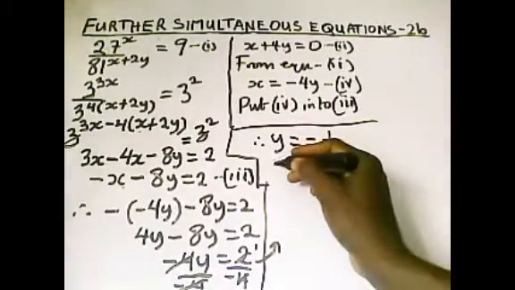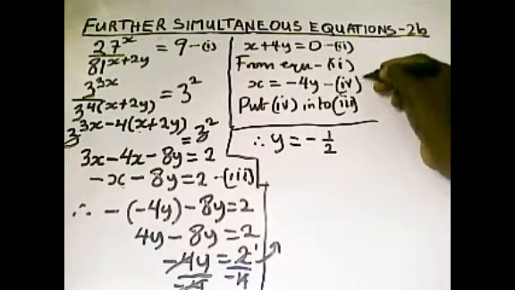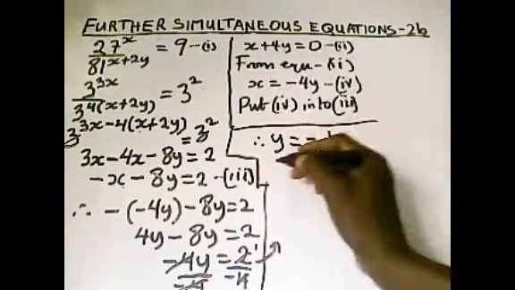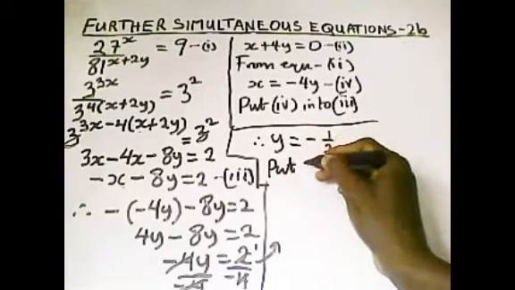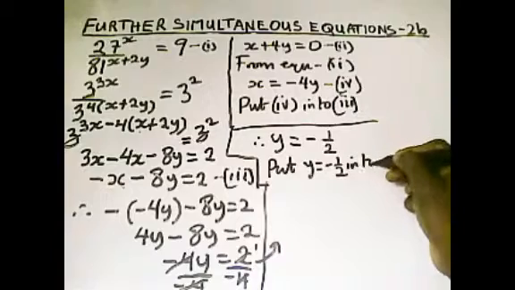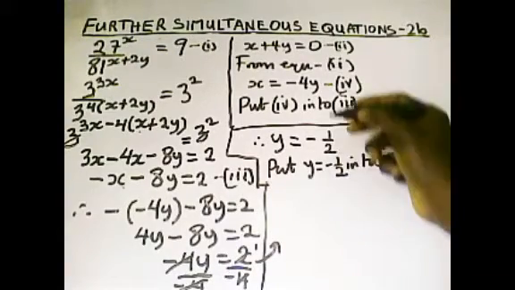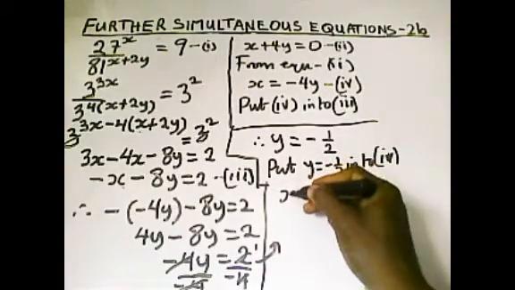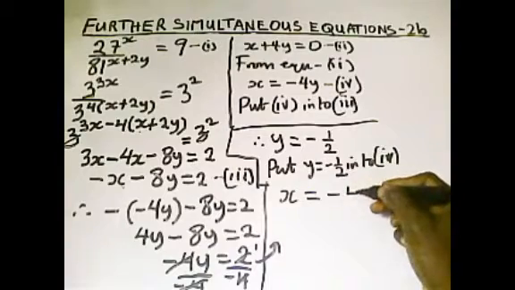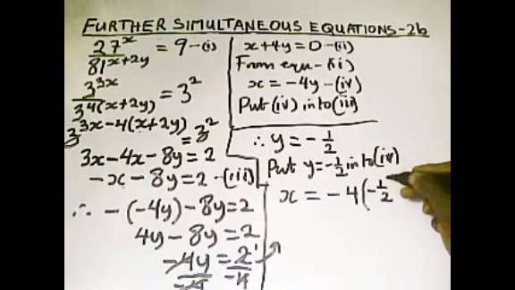So what are we going to do now? We are going to put this value of y into equation 4 because in equation 4 we can directly get the value for x. So we say put y equals minus half into equation 4. In equation 4 we have that x equals minus 4 multiplied into the value of y, and y is minus half.